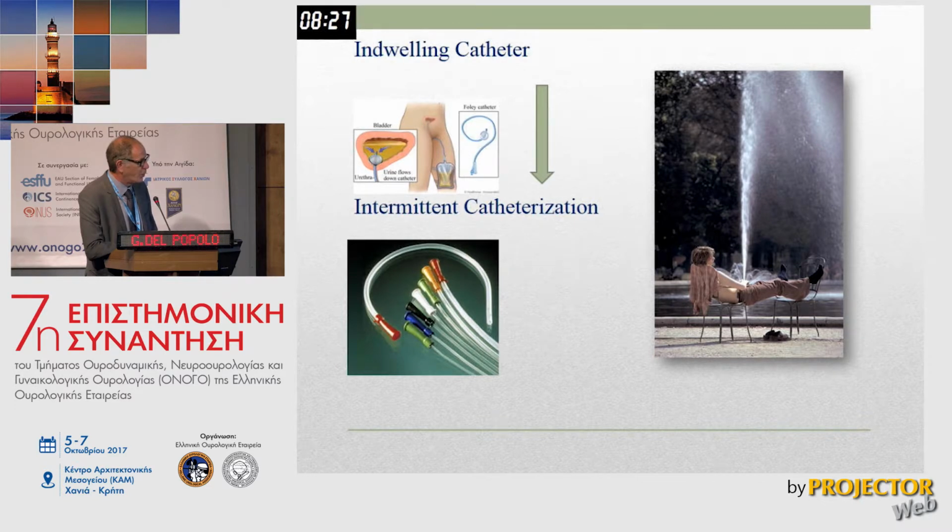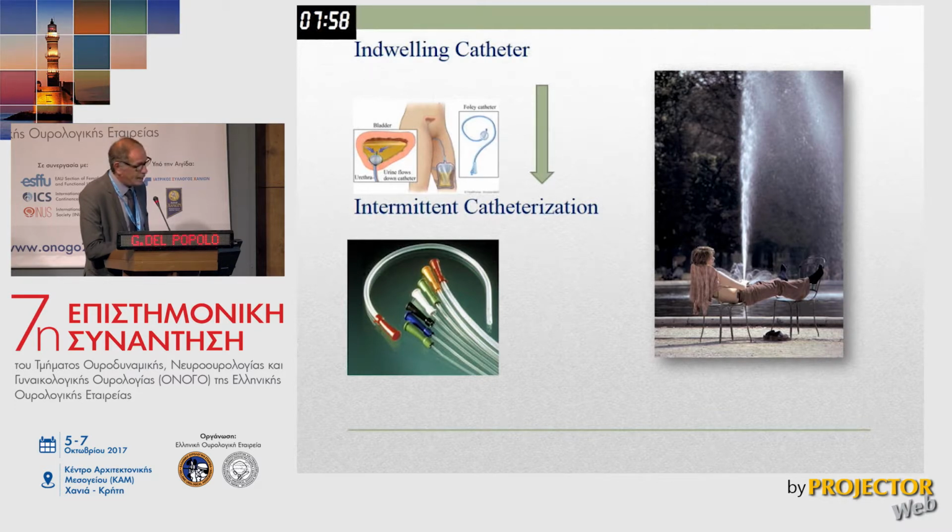So in real life, what you can do in our practice is, first of all, sometimes it's good to put in a dual catheter just to avoid some wall damage if you have overdistension, and also to avoid any problem for the upper urinary tract.